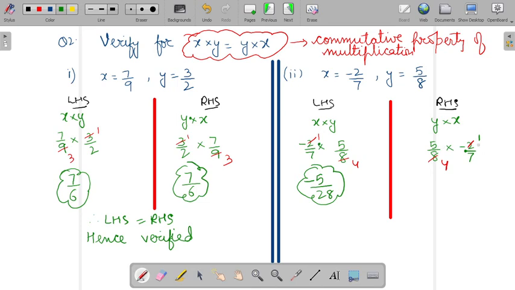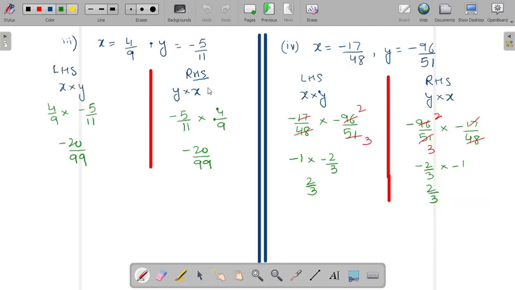So 5 multiply minus 1, so minus 5, and lower with lower, 4 multiply 7, this is 28. So again, after observing it, LHS equal RHS. So how will you end up? Hence verified.